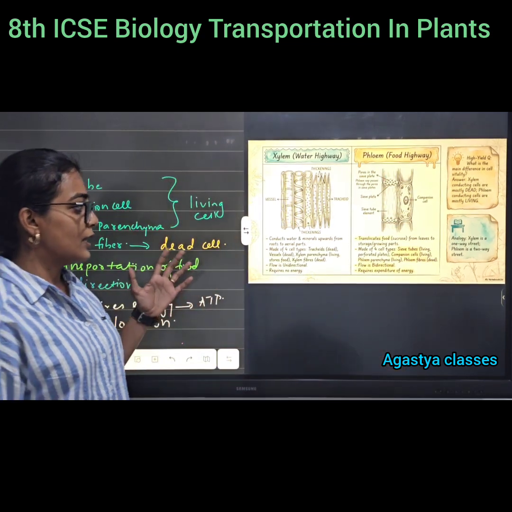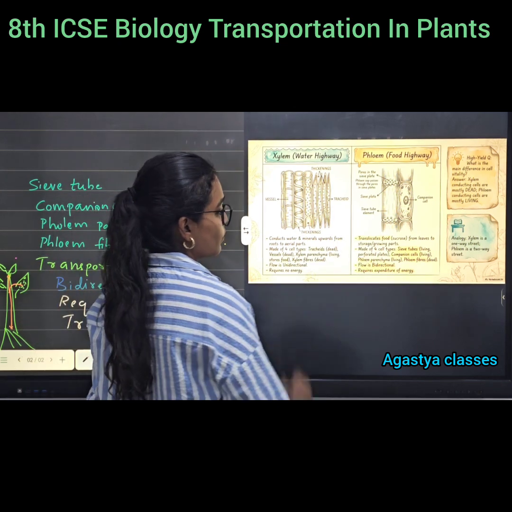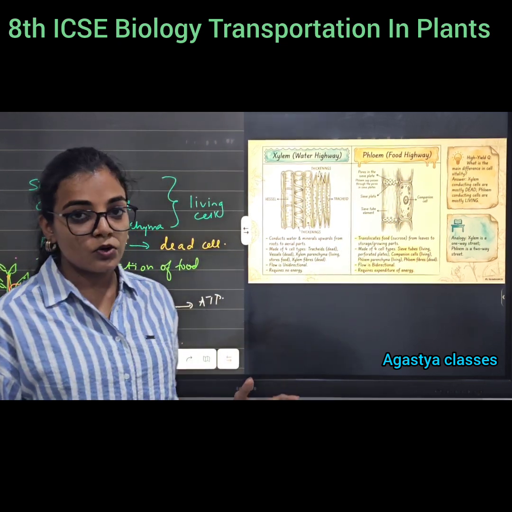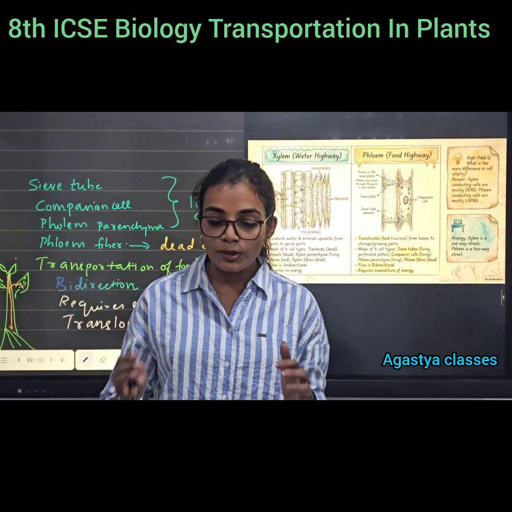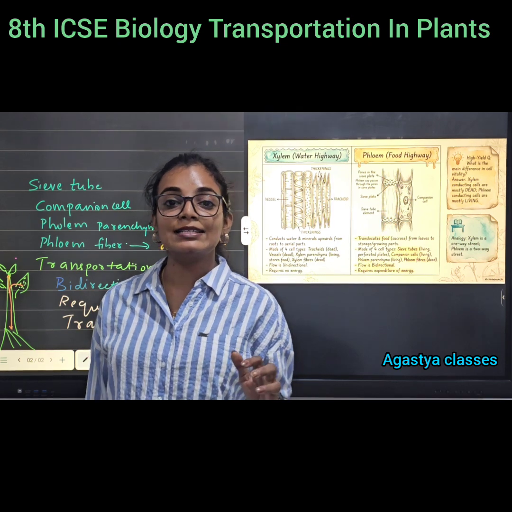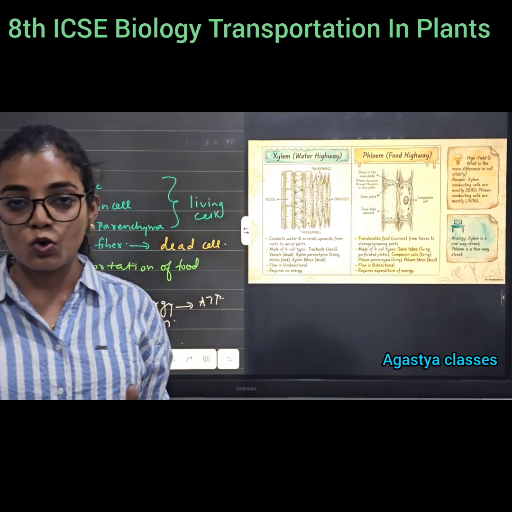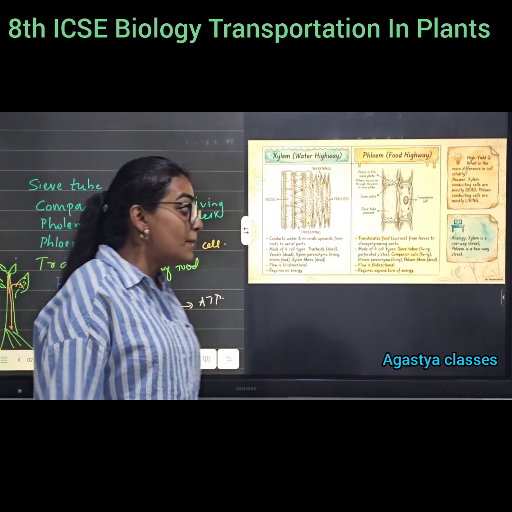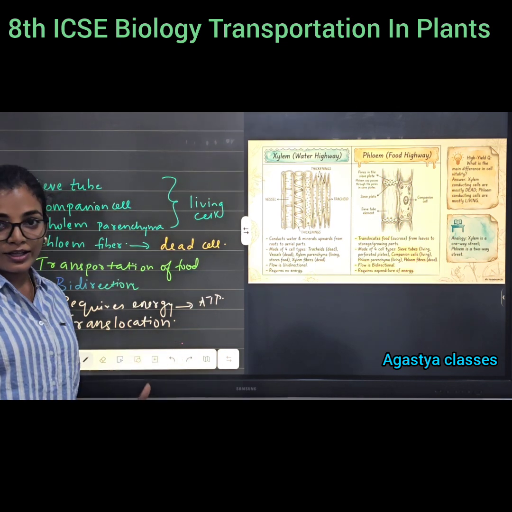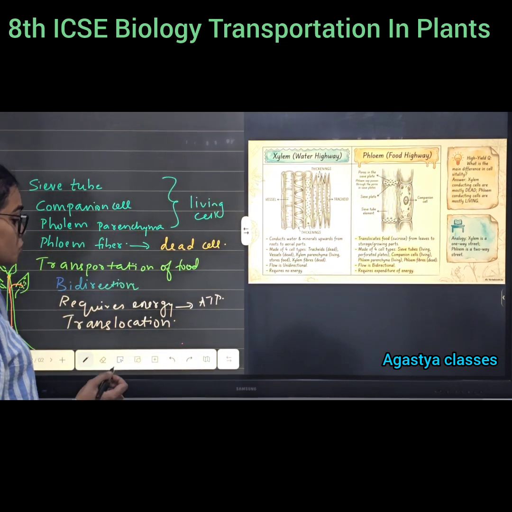The next very important point about phloem is the translocated food. You know that during photosynthesis, plants synthesize food in the form of glucose, right? But while transporting, it is converted into sucrose.